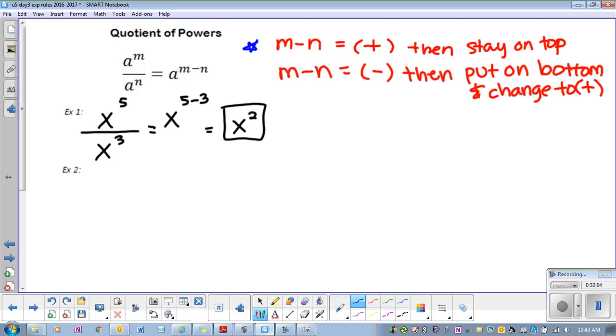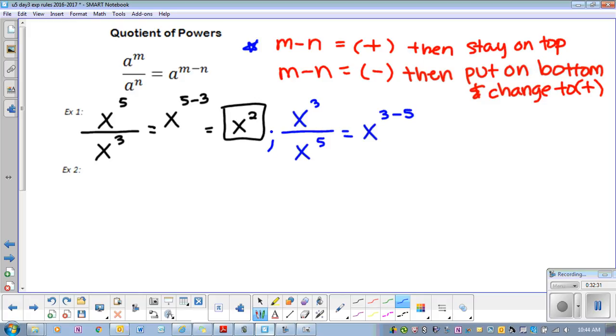I'm going to show you an example of a negative one. You do x cubed divided by x to the fifth. That's x to the 3 minus 5. Guys, what's 3 minus 5?